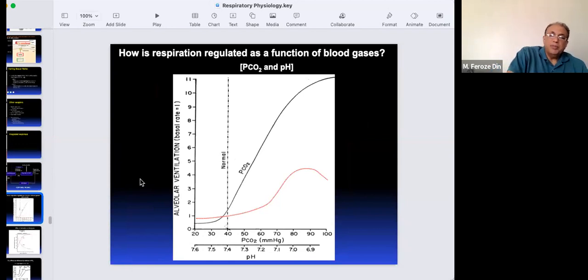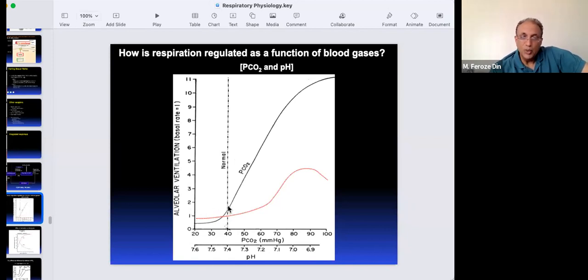So the relationship between the gases that are being controlled and what happens to respiration should be very clearly understood. If this is alveolar ventilation, you can see that when carbon dioxide is at its normal level in the arterial blood, 40 millimeters of mercury, then the ventilation is at a basal, normal rate, which we discussed when we looked at ventilation.